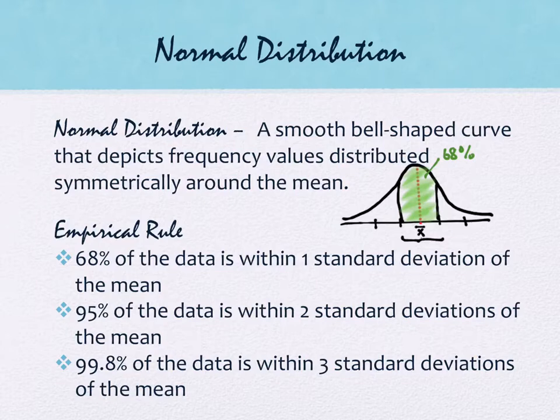Then I'd go out 5.2 again in either direction to get 2 standard deviations, and again 5.2 in each direction to get the 3rd standard deviation. So in 2 standard deviations right here, I'll draw it in, we'll go with orange, I would be from here to here. I would shade in all of that area, which includes the green, and I would have 95% of the data.